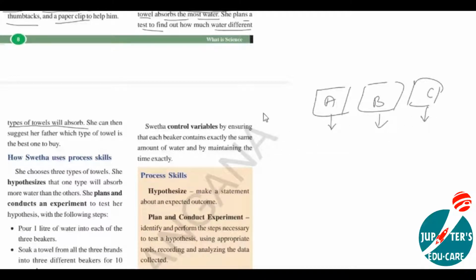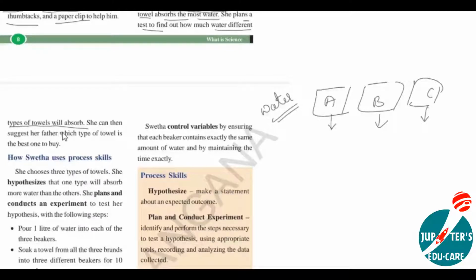She plans to test how much water different types of towels will absorb. She has three towels from different brands, Brand A, B, C. She wants to know which towel absorbs more water.